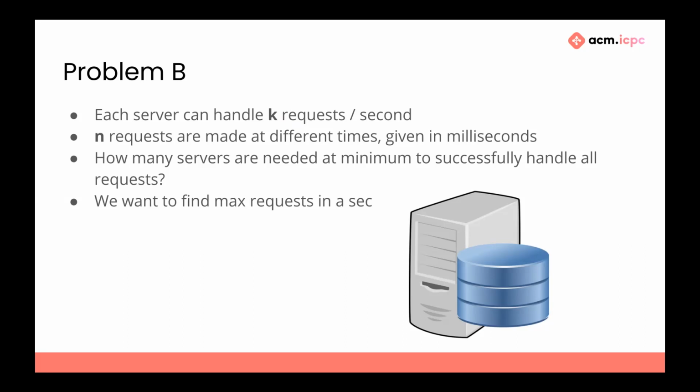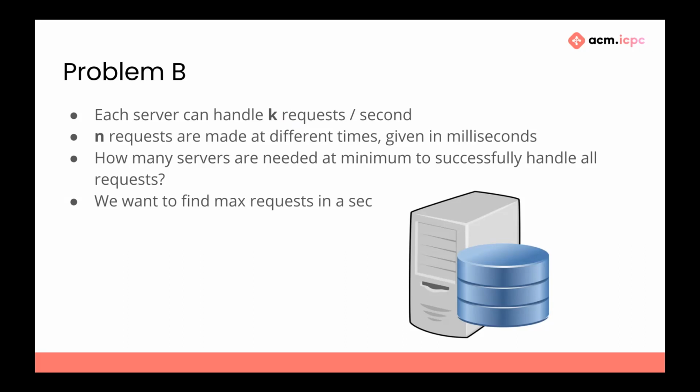So we know k because it's given to us by the problem, but to find that number 10, which is the number of requests in a second, that's like the heart of the problem. So we want to find the maximum number of requests in a second, and then using that, we can find the number of servers that we need.